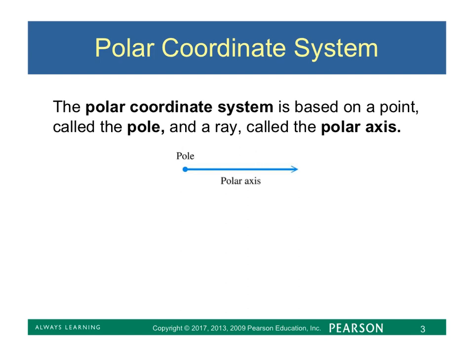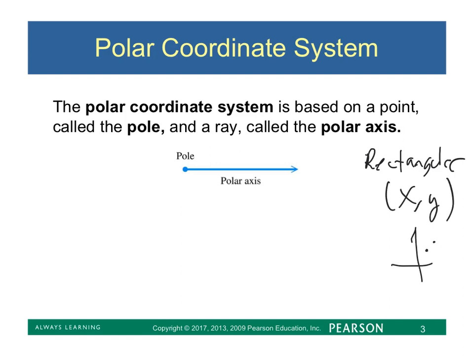Okay. A polar coordinate system, you're used to rectangular. That's Cartesian. You're used to the normal XY points. And you put a whole bunch of those points together and you can create a curve. Well, polar is a little different. It's dealing with the pole, which for all practical purposes for us looks like 0, 0, the origin.